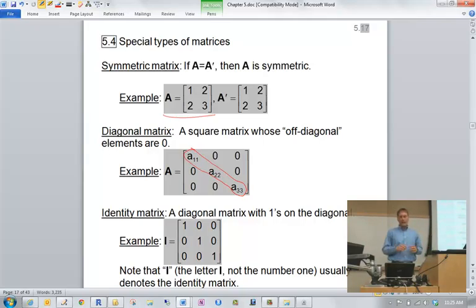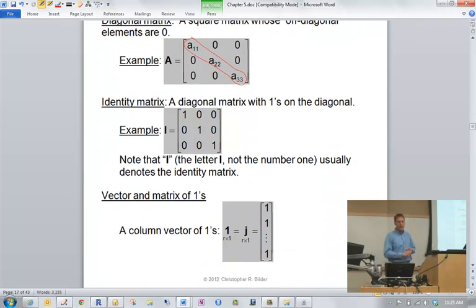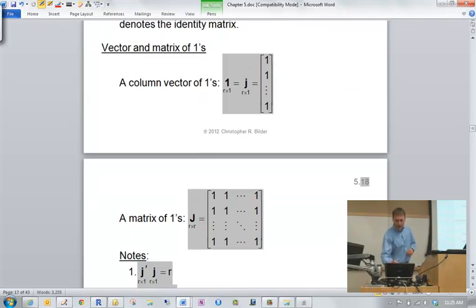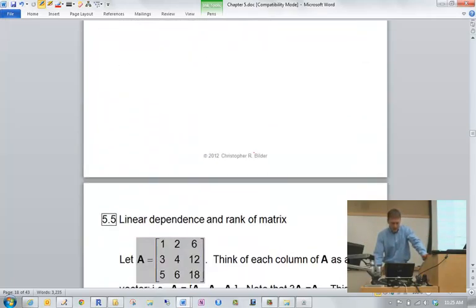This is called, again, a diagonal matrix. A special case of a diagonal matrix is an identity matrix, where now all these diagonal elements are equal to 1. And sometimes you will see this little notation here, a little j and a big J. This just means a vector of 1s or a matrix of 1s, simply put. Just notation.